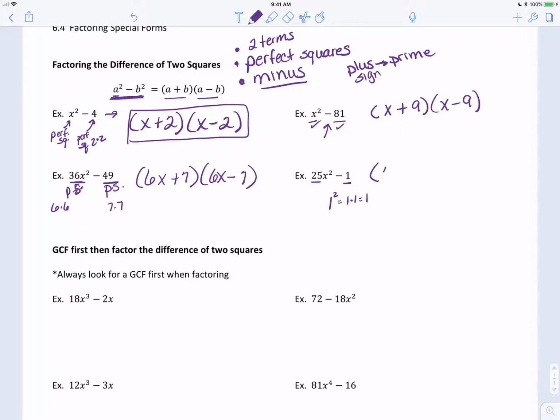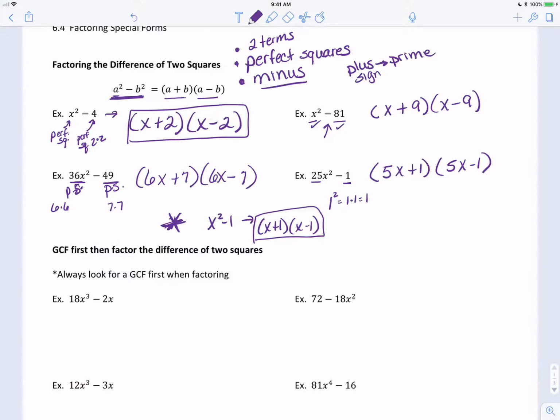So that's going to be 5x plus 1 and 5x minus 1. This one really and truly is one that you are going to see probably somewhere. But x squared minus 1, you're going to need to know that that factors to x plus 1, x minus 1, because that perfect square of 1 is sometimes confusing for people.